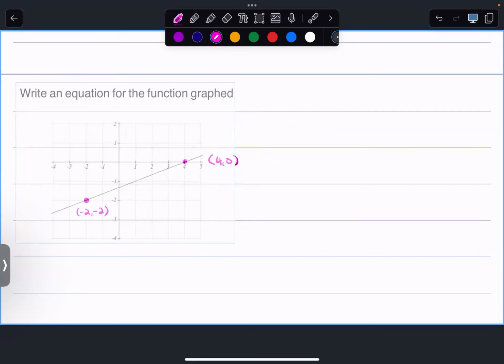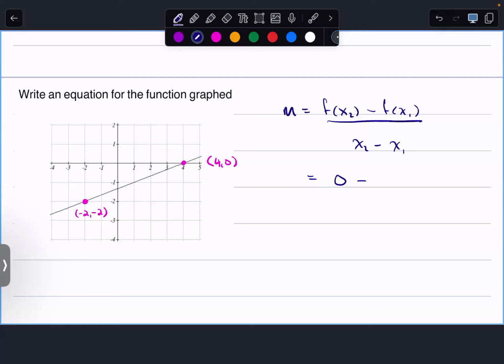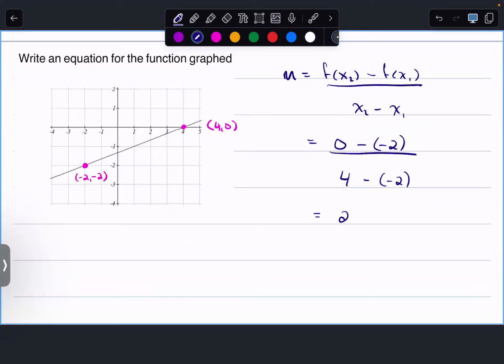Let's see if I can just give myself a little bit more room. f of x2 minus f of x1 over x2 minus x1. f of x2 is 0 minus f of x1 is -2, divided by x2 is 4 minus -2. So 2 over 6. Not nice.